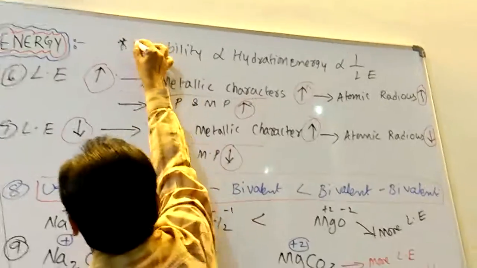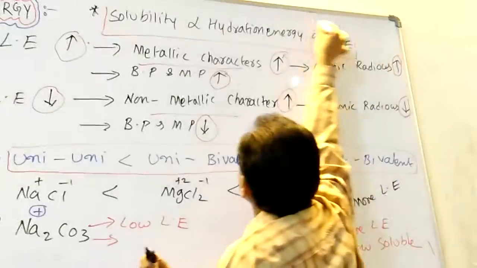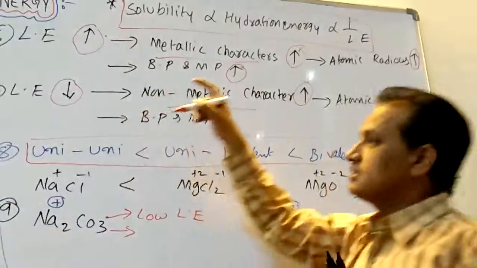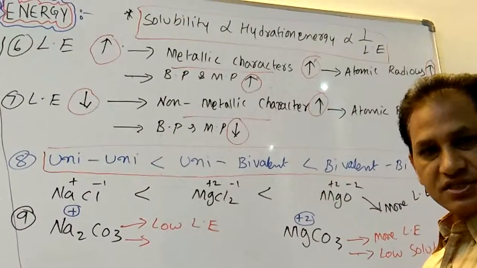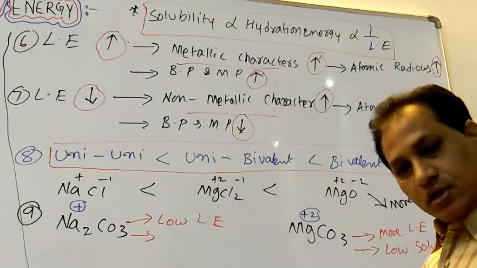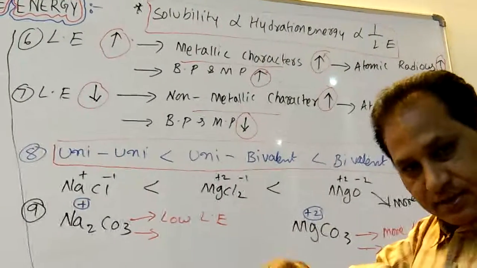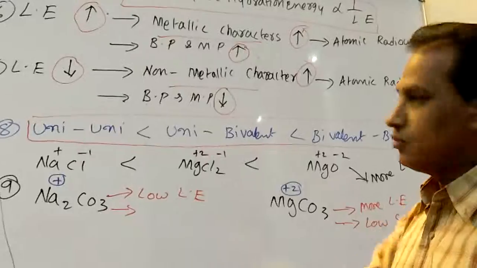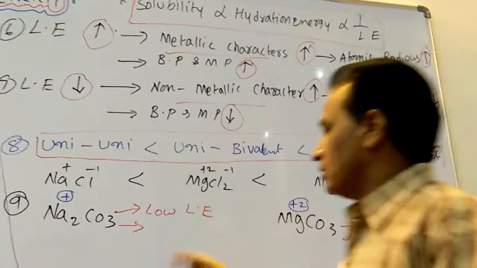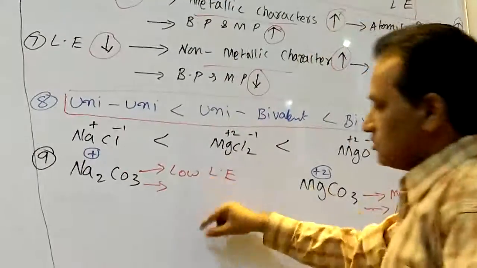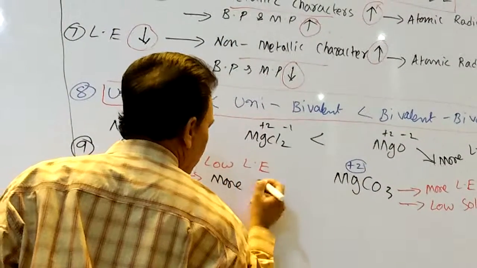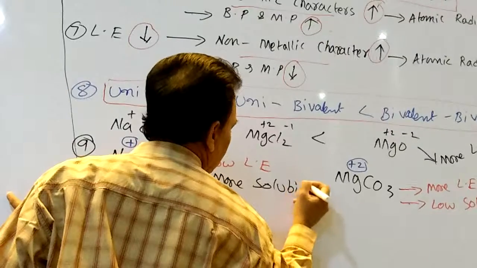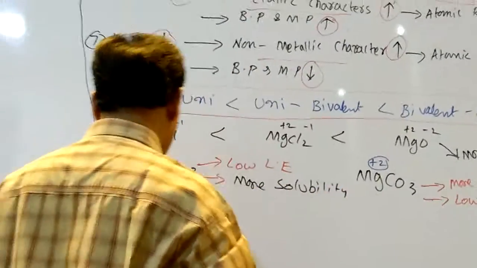Solubility is directly proportional to hydration energy and inversely proportional to lattice energy. As lattice energy increases, solubility decreases, but as hydration energy increases, solubility increases. What is hydration energy? The amount of energy released when the elements are dissolved in water. Okay, so low lattice energy means more solubility, more soluble.